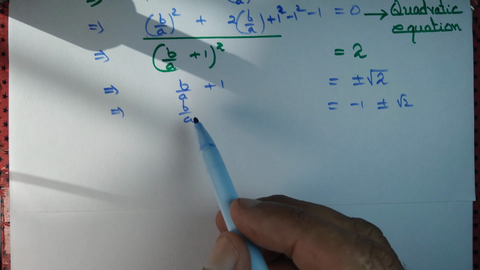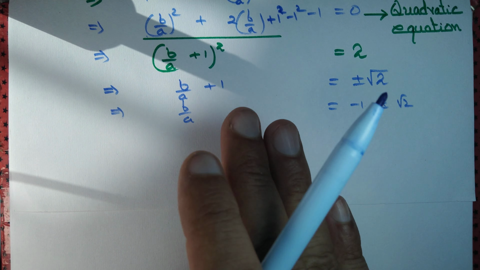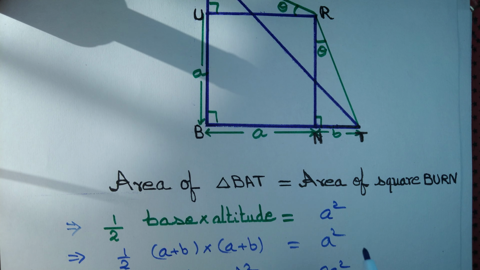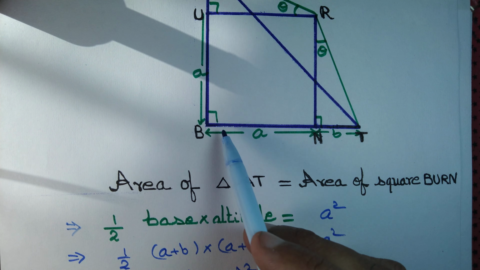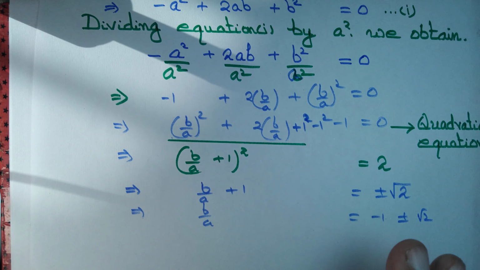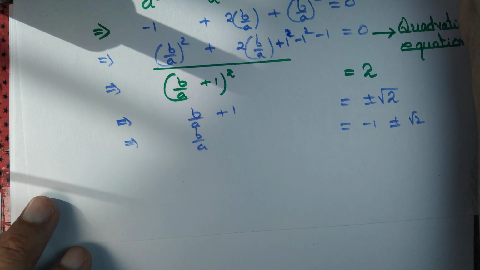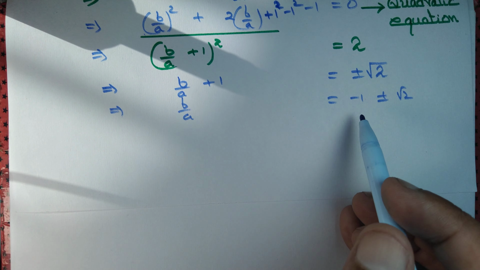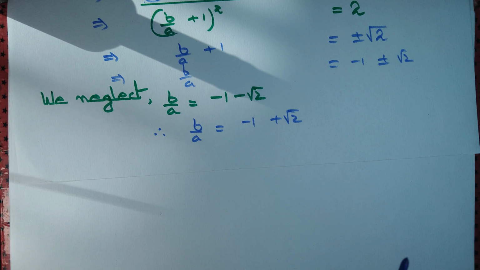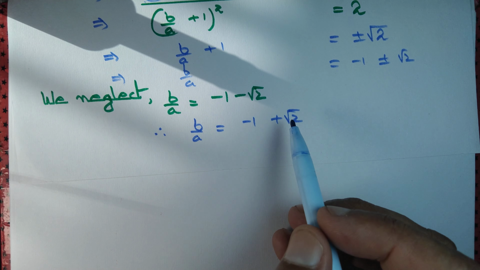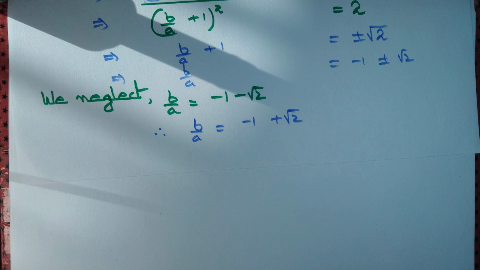But it doesn't happen that b and a are negative. They are the measure or length of a side. They are positive. So if b and a are positive, b by a must be positive. So we neglect that. So it follows that b by a equal to root 2 minus 1.